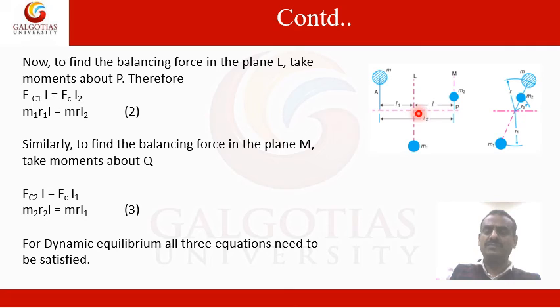The moment of force for the disturbing mass is Fc into L1, and for the balancing mass m2 it is Fc2 into L. The equation can be written as Fc2 L equal to Fc into L1. After substituting the centrifugal force values, the equation becomes m2r2L equal to mrL1. For the dynamic equilibrium condition, all three equations need to be satisfied.